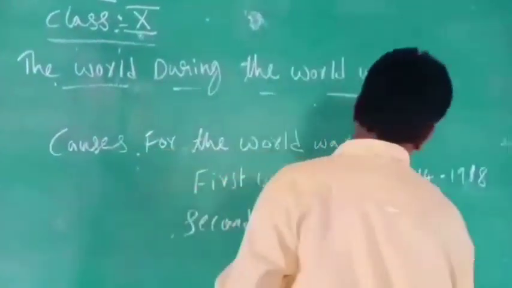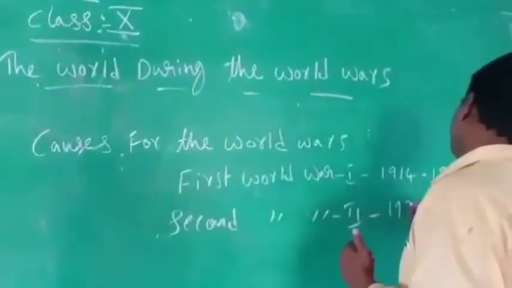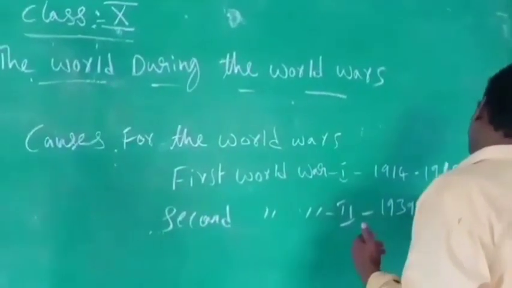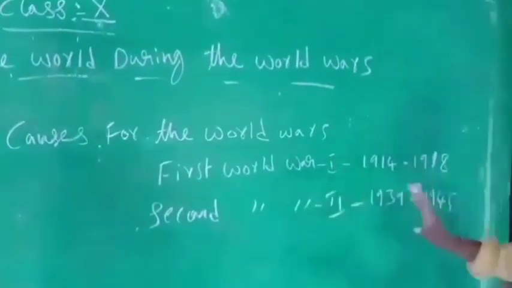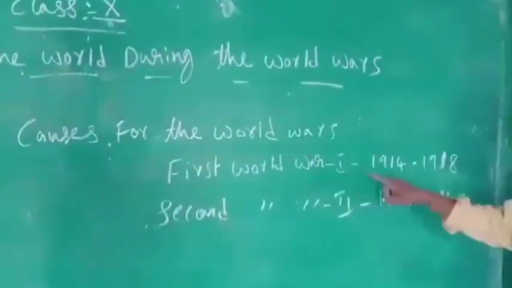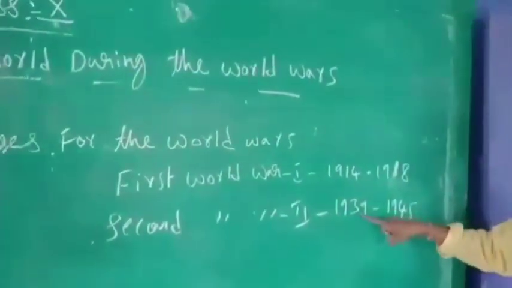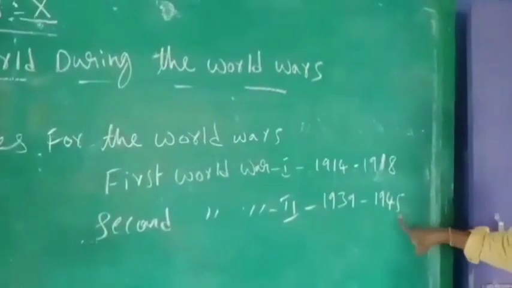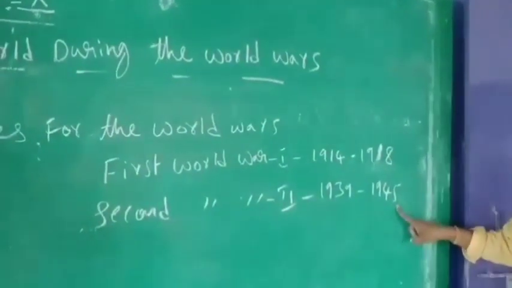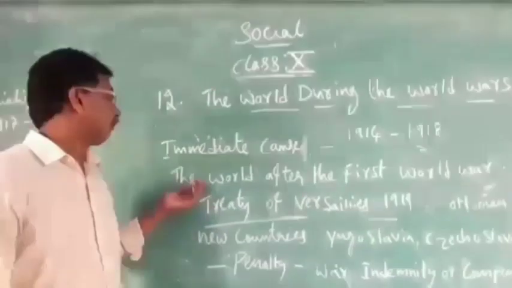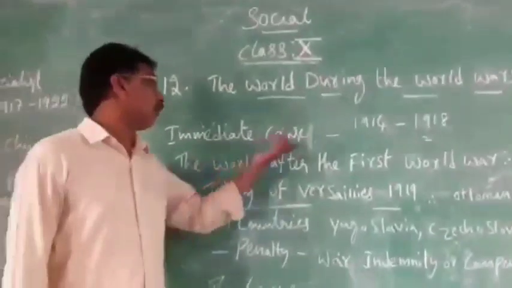The second world war took place 1939 to 1945. Why did I write them separately? Because you know this one. First World War 1914 to 1918 and second World War 1939 to 1945.